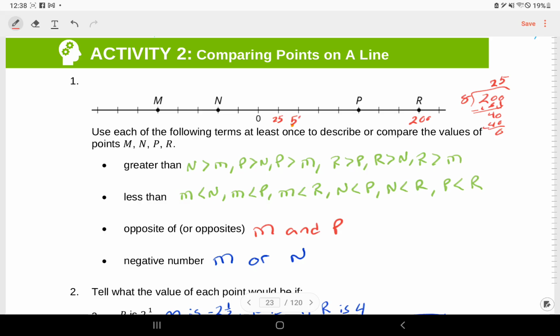So 25, 50, 75, 100, 125, 150, 175. Negative 25, negative 50, negative 75, negative 100, negative 125.